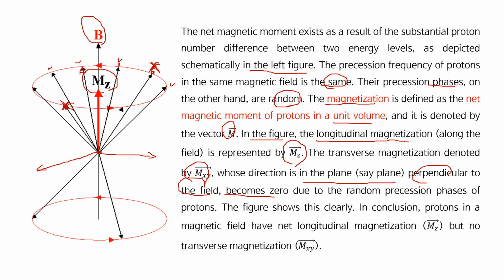If we do the vector sum of the magnetic moments of nuclear spins, there is no transverse magnetization; there is only longitudinal magnetization. In conclusion, protons in a magnetic field have net longitudinal magnetization, but no transverse magnetization.